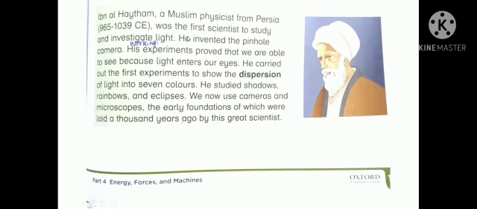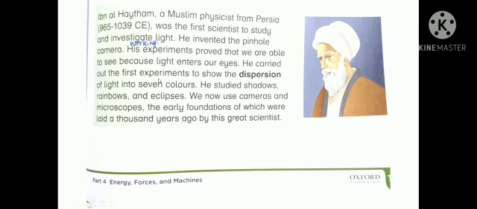Okay, students, next some history about Ibn al-Haytham, a great Muslim scientist. Ibn al-Haytham, a Muslim physicist from Persia, was the first scientist to study and investigate light. He invented the pinhole camera. His experiments proved that we are able to see because light enters our eyes.